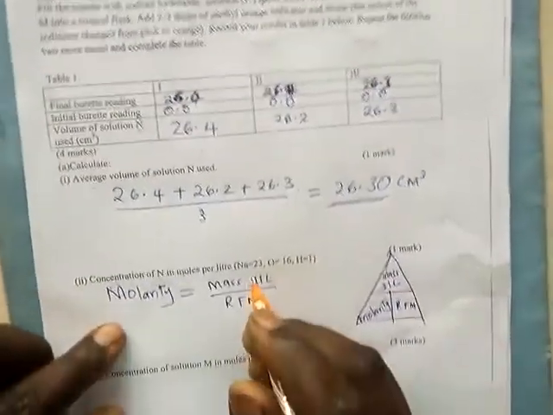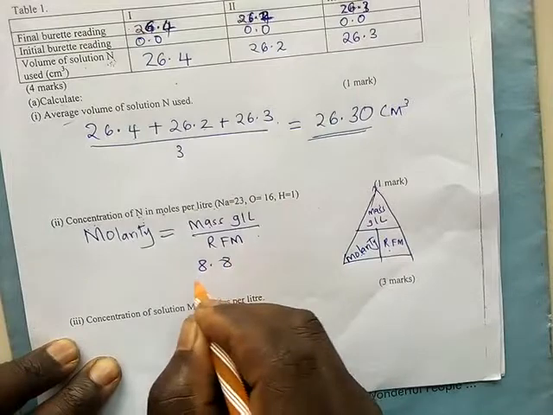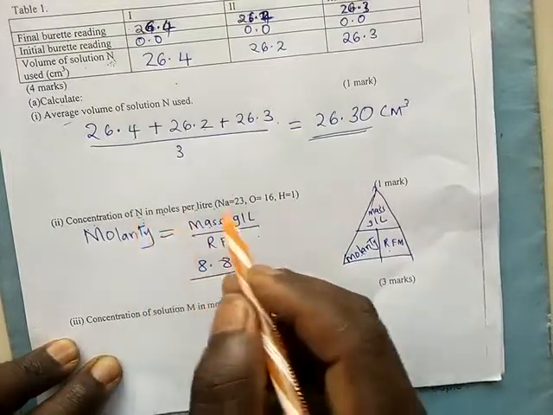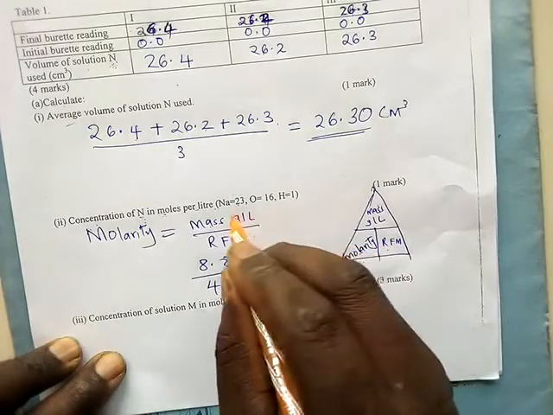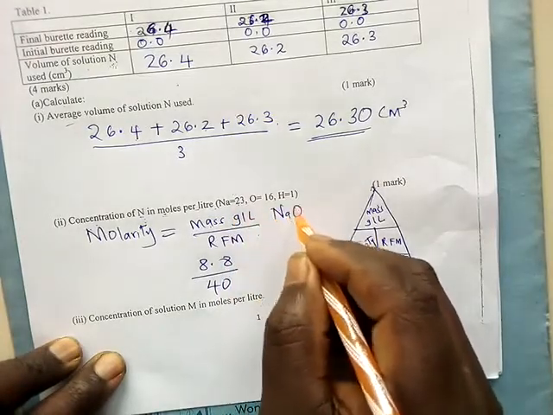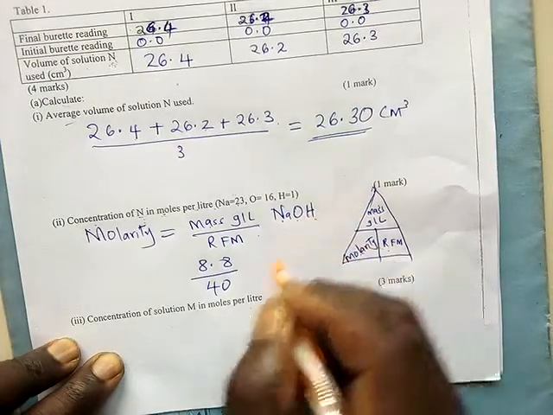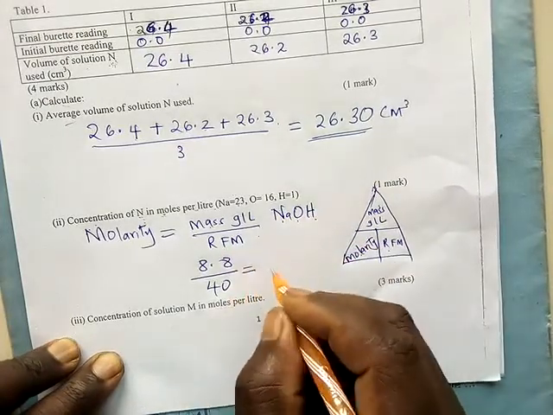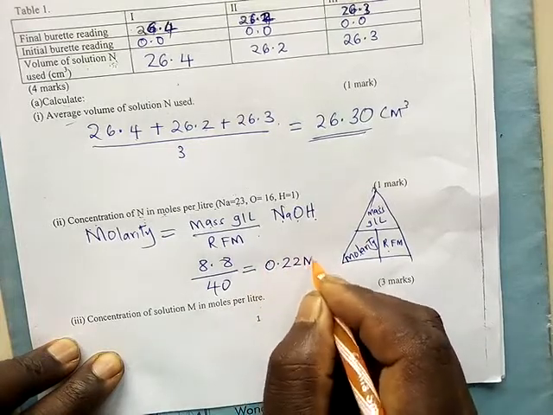So you come here, we have 8.8 divided by RFM. RFM of sodium hydroxide is 40. Sodium hydroxide is NaOH. So 23 plus 16 plus 1, the answer is 40. This one gives you 0.22 capital M.